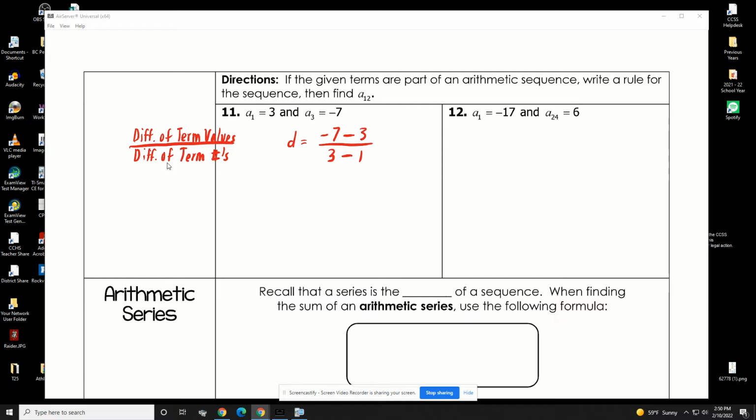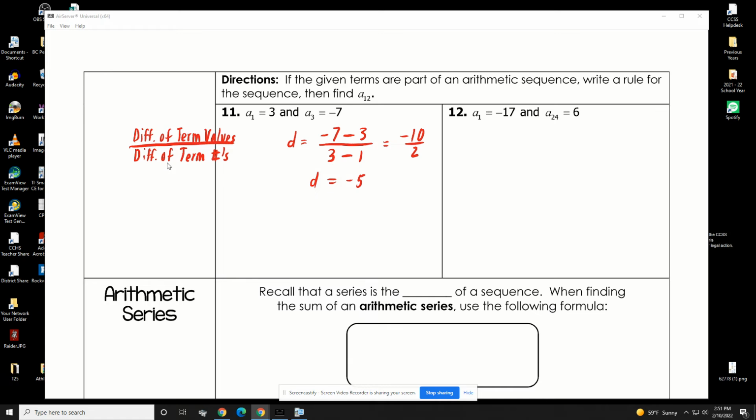So we're always doing the larger term first, and then we're subtracting the smaller term, not necessarily based on the numbers, but based on the order. Okay, so that's why we did a sub 3 minus a sub 1 over 3 minus 1. Now, when I do that, negative 7 minus 3 is negative 10, and 3 minus 1 is 2. So my common difference for this one is negative 5.